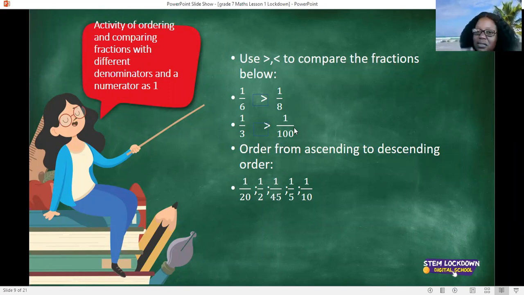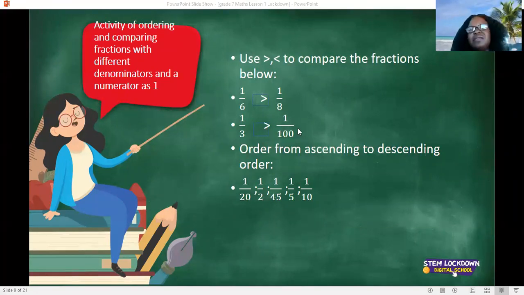Now I know maybe you are visualizing it. If I have a cake that is the same size, one is divided into 3 huge pieces, and then we take the same size of cake and divide it into 100. Imagine how small the pieces are going to be.